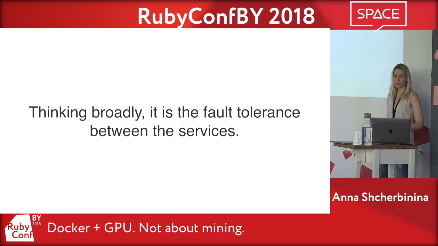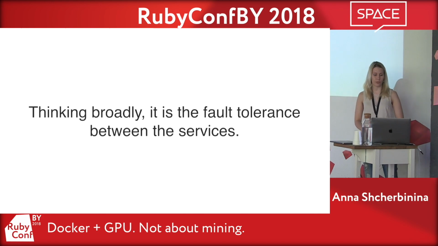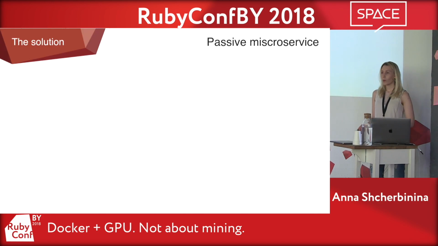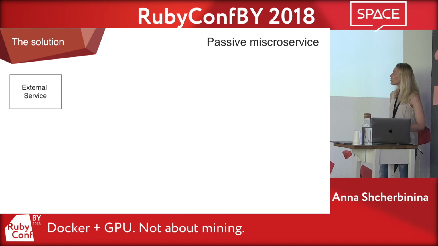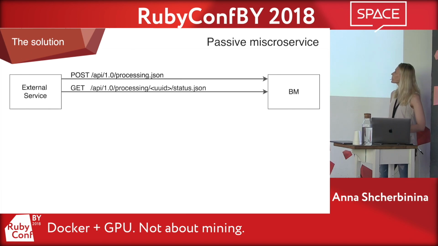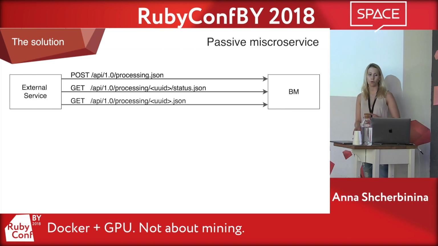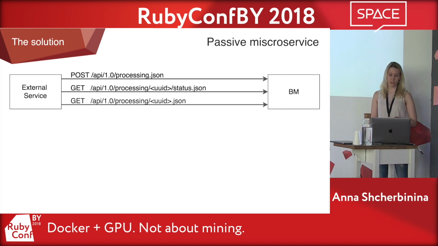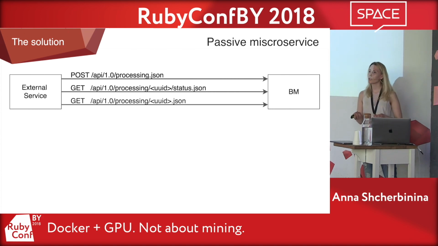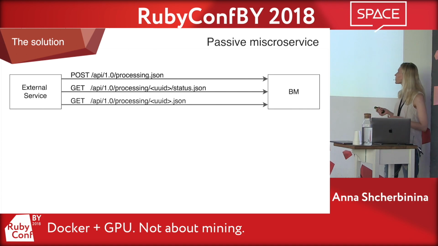So let's take a look at the pros and cons of the passive service. Here we have an external service demanding the data to be processed and the body measurement service which performs actual calculation. After the processing starts on the body measurement service, the external service starts asking for the status of body measurement, and when body measurement succeeds with calculations, it asks for the result.